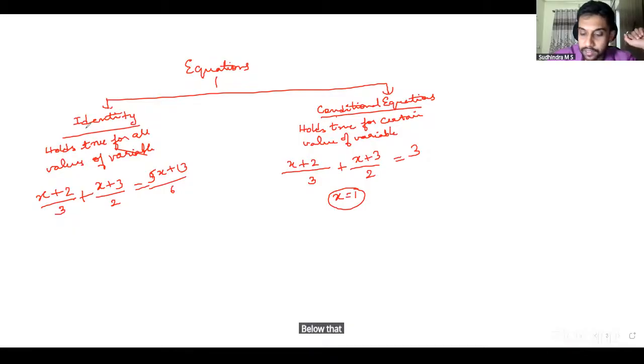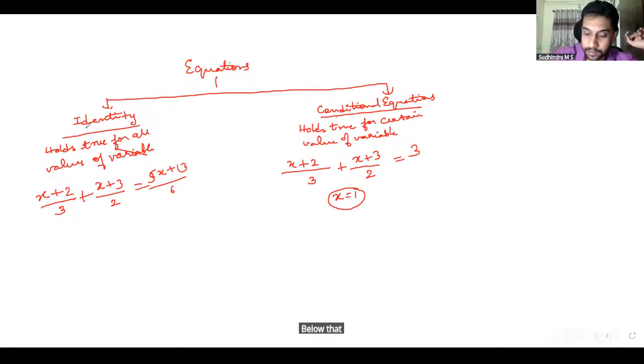Below that, it is a mathematical statement of equality.